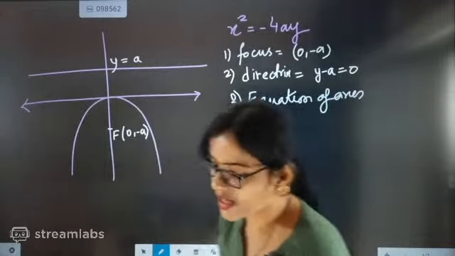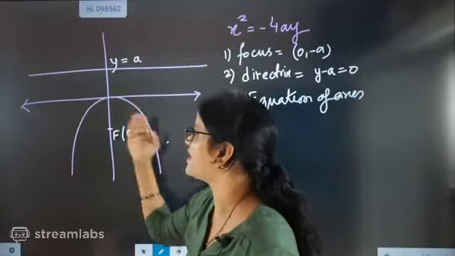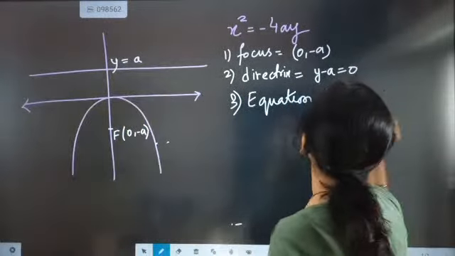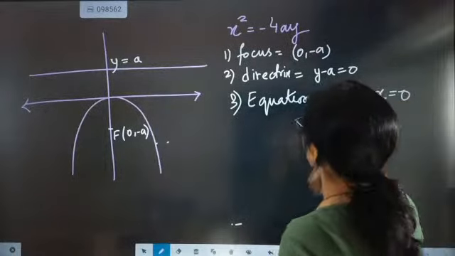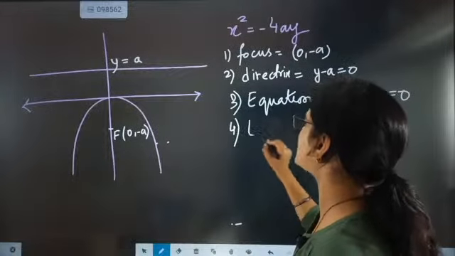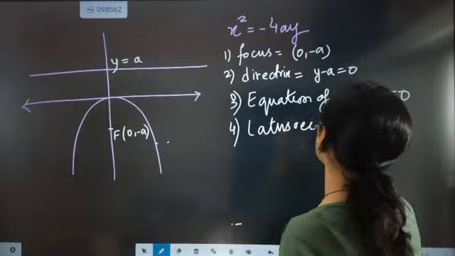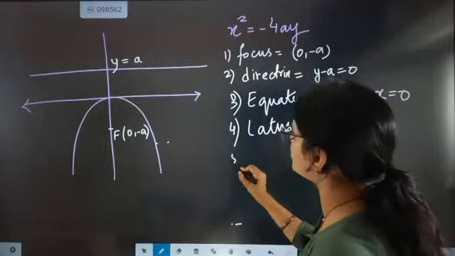When you see that the parabola is symmetric about the y-axis, on the y-axis the value of x will be 0. So the equation of the axis is x equal to 0. Now latus rectum, beta, as usual, latus rectum will be 4a.